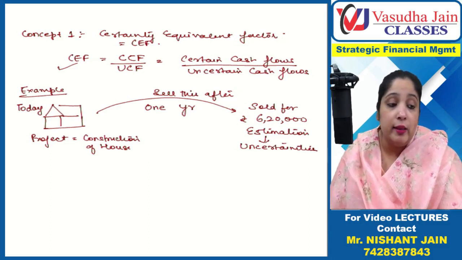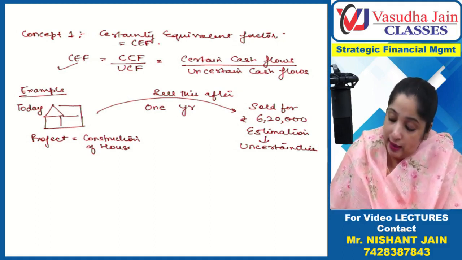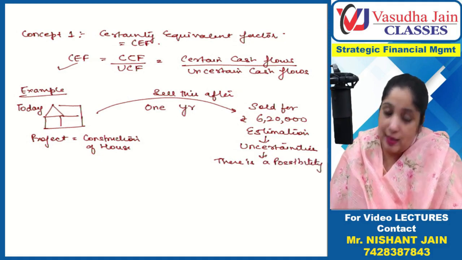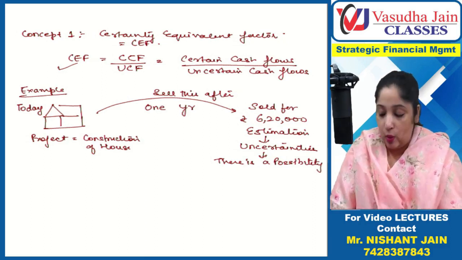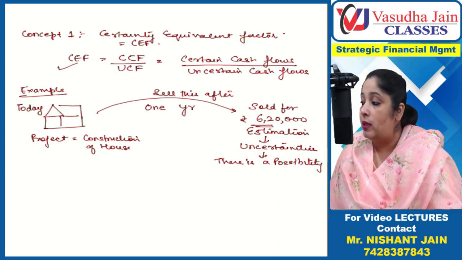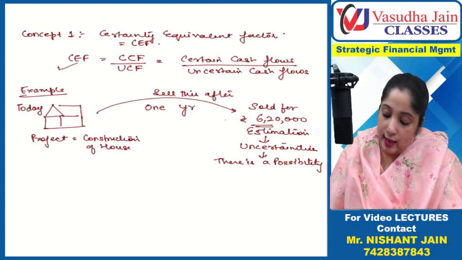So this involves uncertainty, whether there is a possibility that we might get 6,20,000 rupees, or we might get more also, we might get less also. Okay, so this 6,20,000 rupees is called uncertain cash flows.